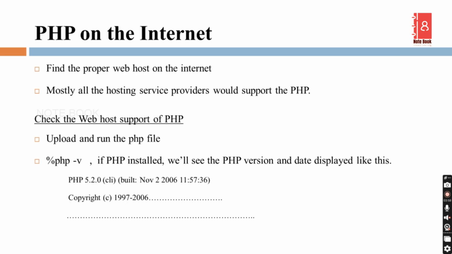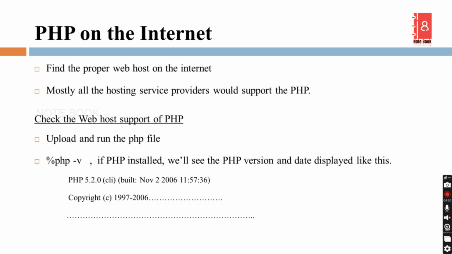Then PHP on the internet. First we can find a proper web host, as we saw in the previous slide. Mostly all hosting service providers will support PHP. To check, we have to upload and run a PHP file in this format.